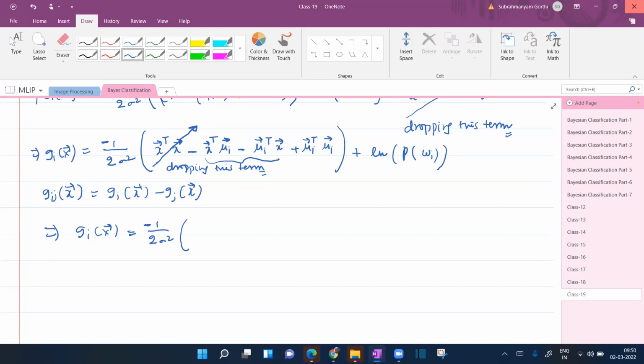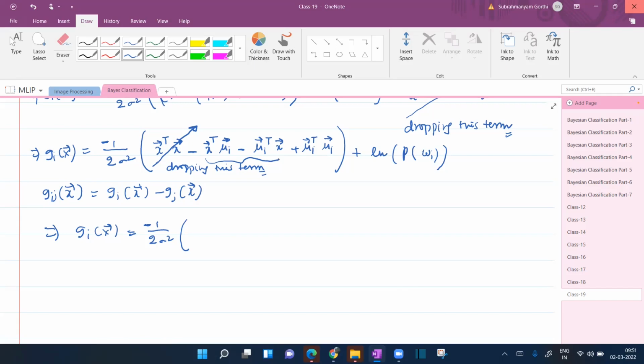X bar transpose multiplied with mu I bar and mu I bar transpose multiplied with X bar, how are they related? They are the same. If you take x1, x2 for X bar and mu I1, mu I2 for mu I, both the terms are x1 multiplied with mu I1 plus x2 multiplied with mu I2. You could simply verify that. This is of course true for any length of vector, not necessarily just 2 classes.